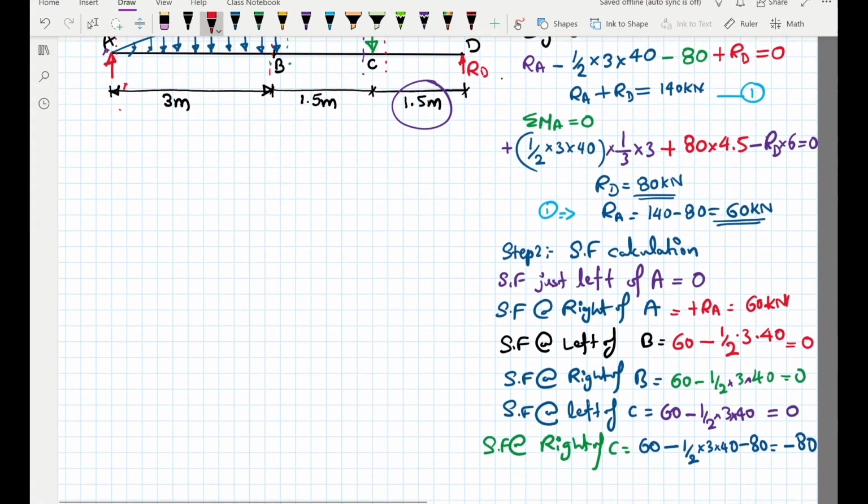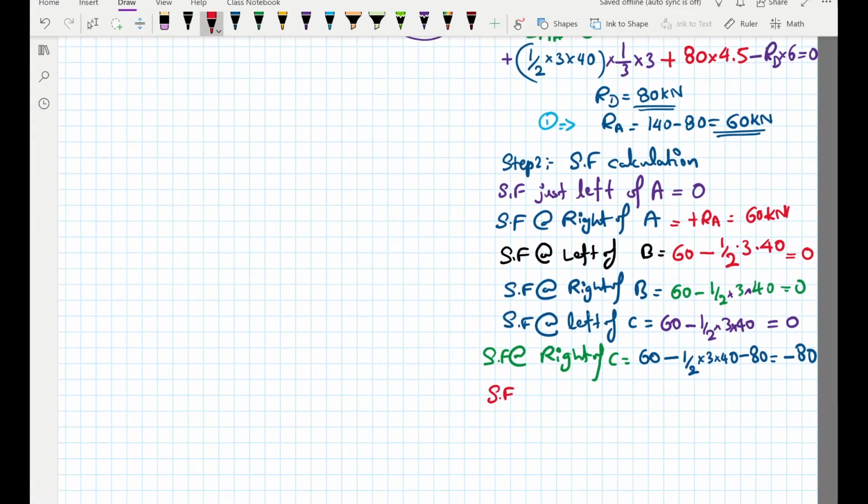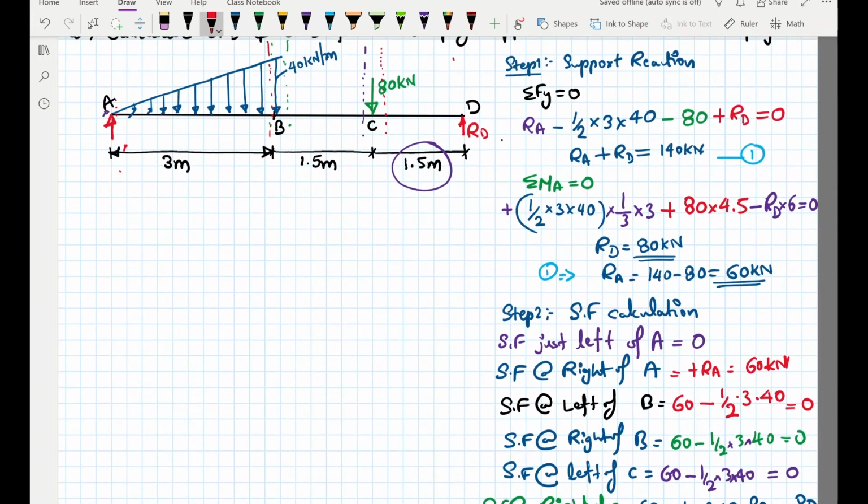Shear force at left of D. I will consider one section here. Either I can consider the left of this particular section or the right of this particular section. I am comfortable with the left. If you are going for the right, in the summation of the forces, only RD is acting upward.